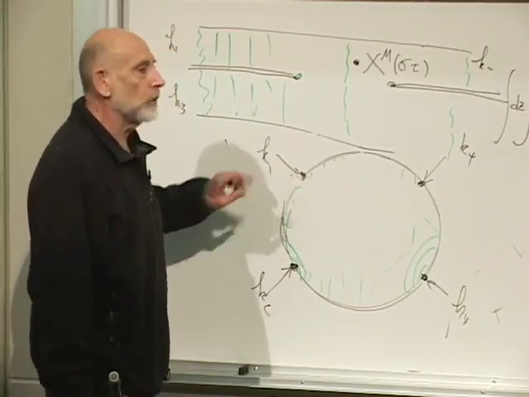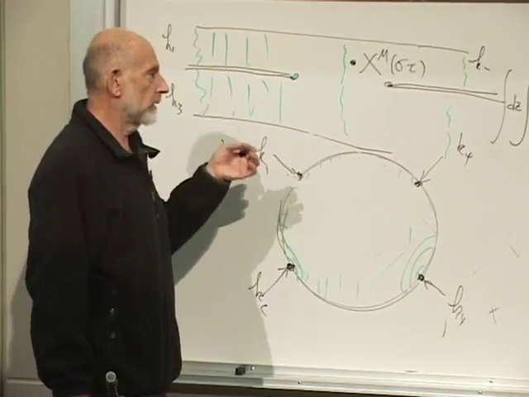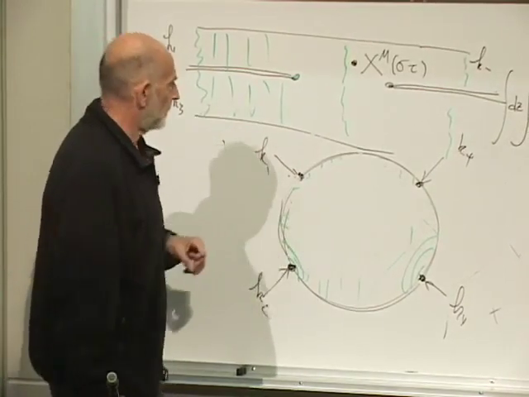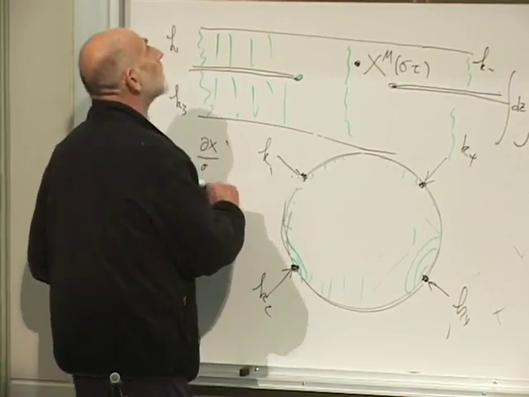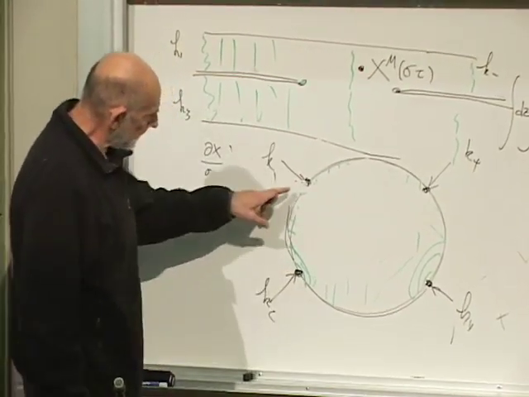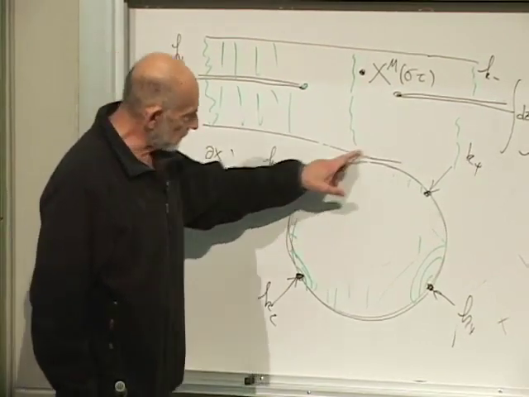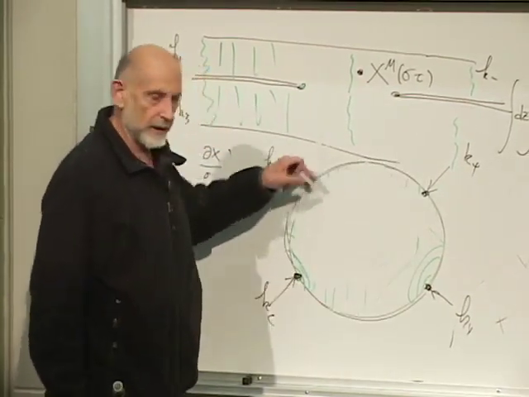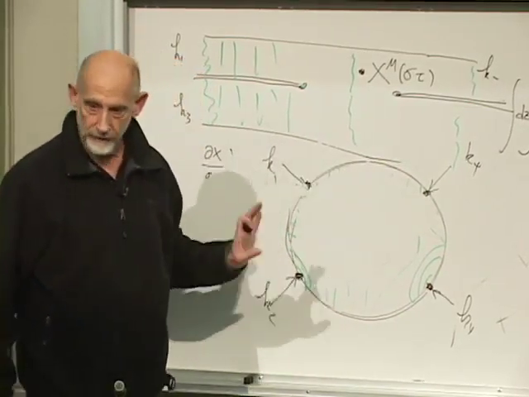The boundary conditions are that the components of the electric field perpendicular to the surface of the disk vanish.